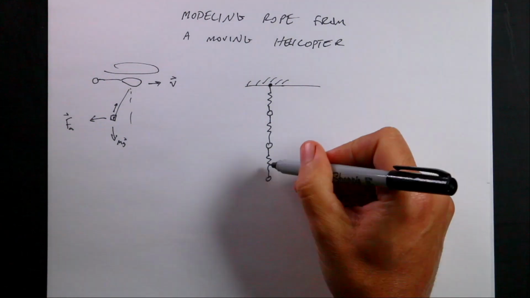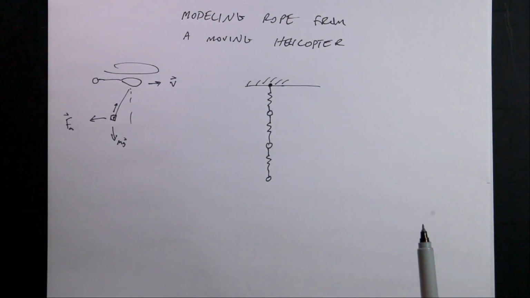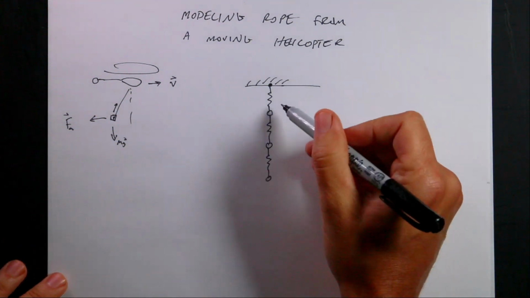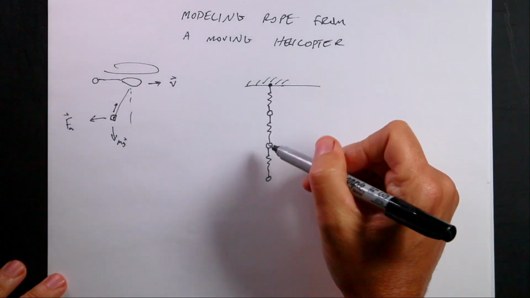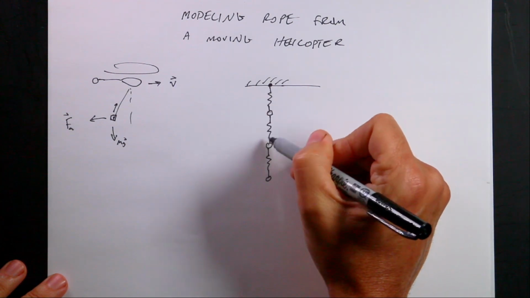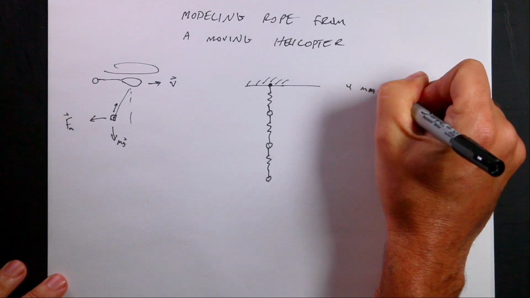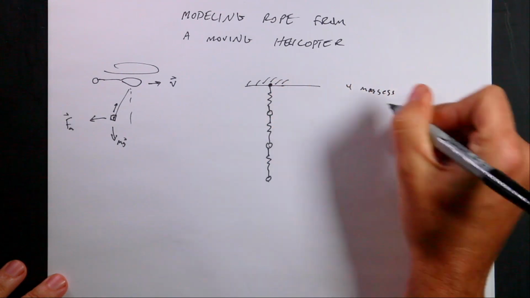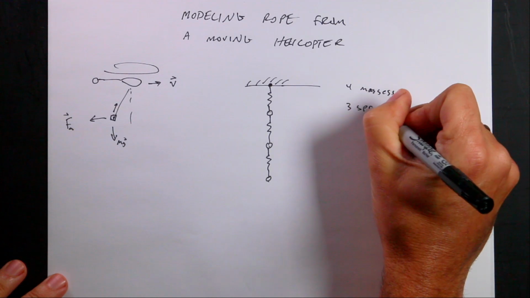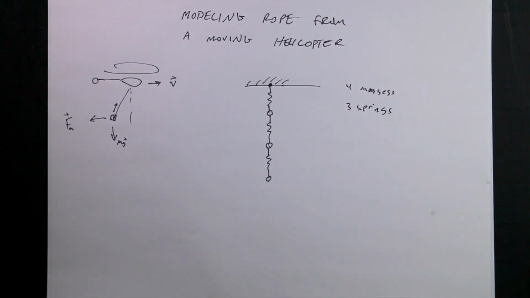Cables aren't completely stiff. Cables have a spring to them. So if these are stiff enough, I can get this to model a string. So this is 1, 2, 3, 4 masses, and 1, 2, 3 springs. But if I can set this up for 4 masses, I can set this up for 100 masses. It's the same thing.